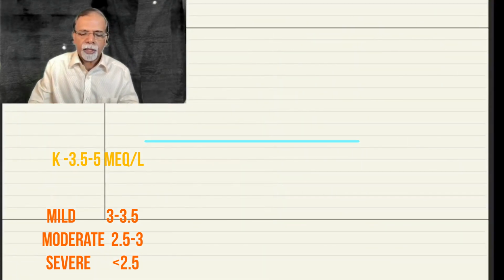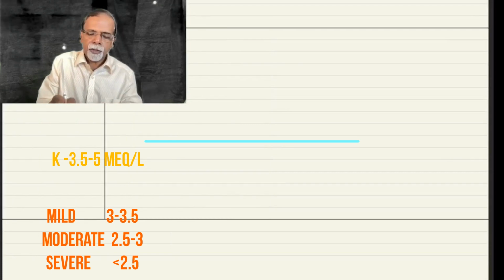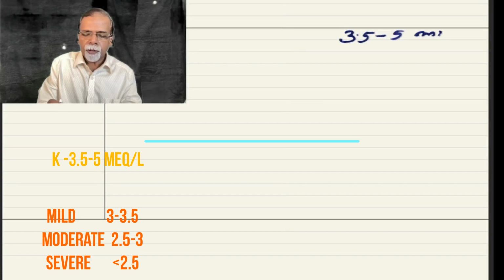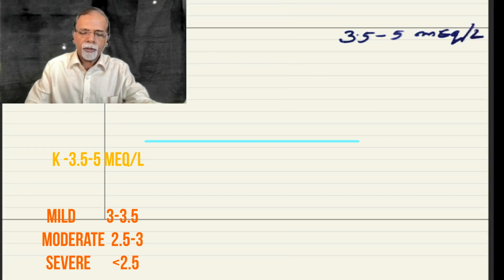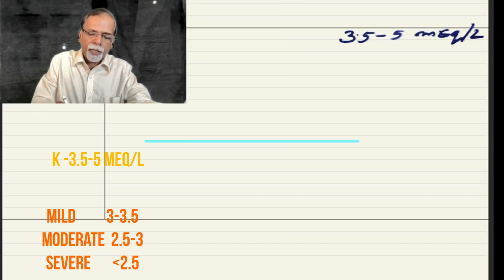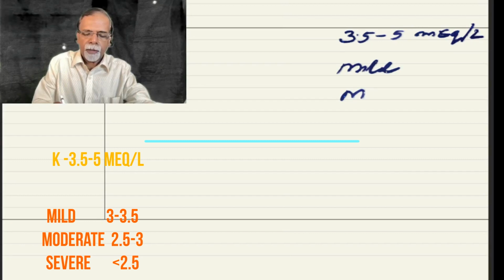Now a few words regarding the potassium. The normal serum potassium is between 3.5 to 5 milliequivalents per liter. And the serum potassium, depending upon it, you divide into mild hypokalemia, moderate hypokalemia, and severe hypokalemia.